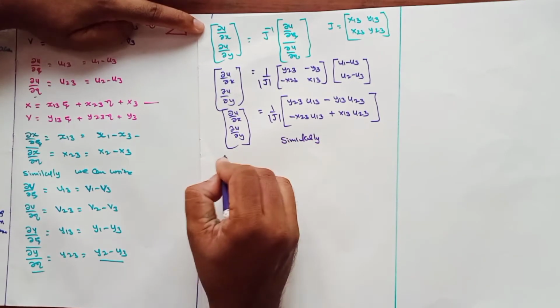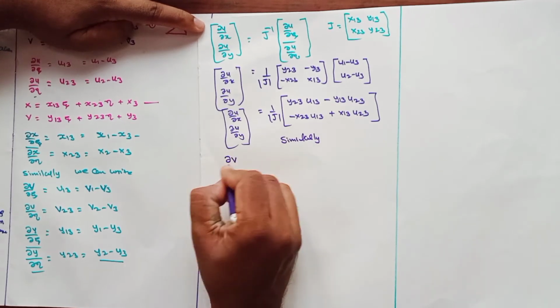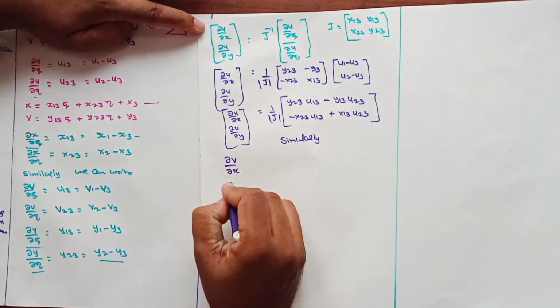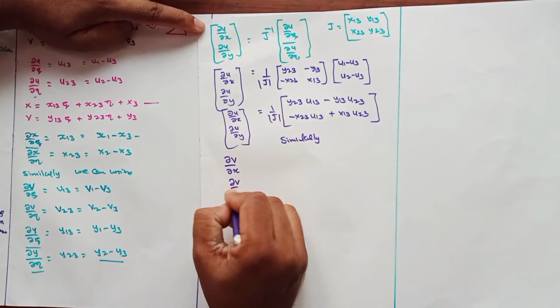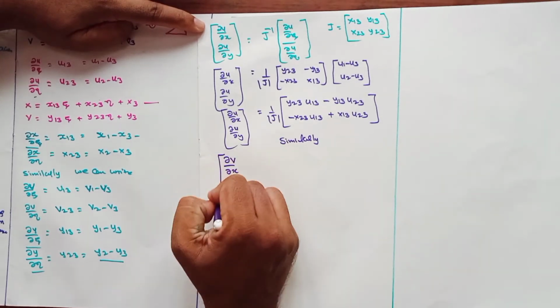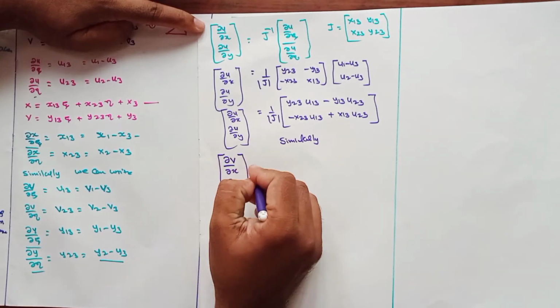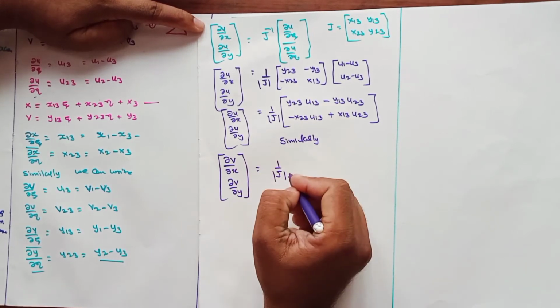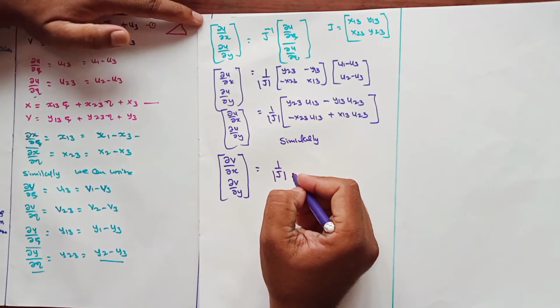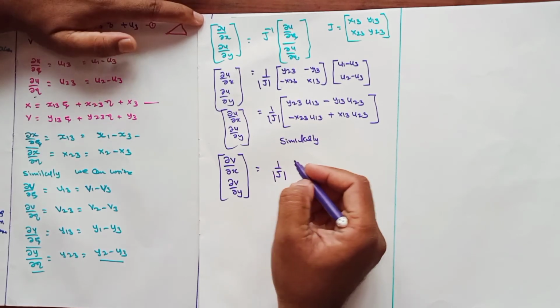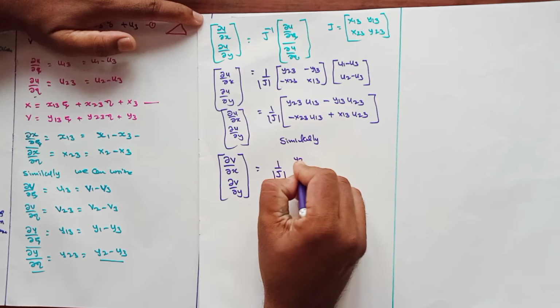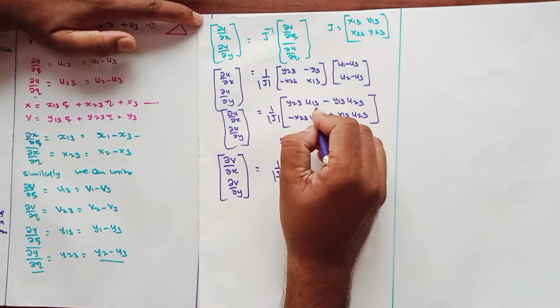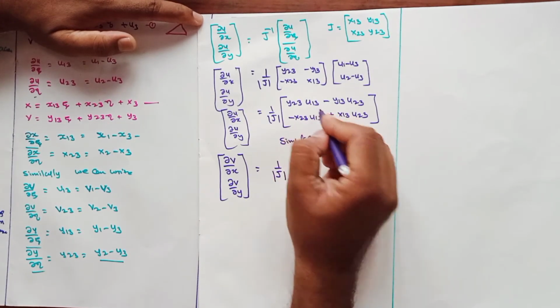Similarly, it is possible to write ∂v/∂x and ∂v/∂y. By using the above equation I am going to write down directly that it can be written as 1 by det of J times y23, and here u13 becomes v13.